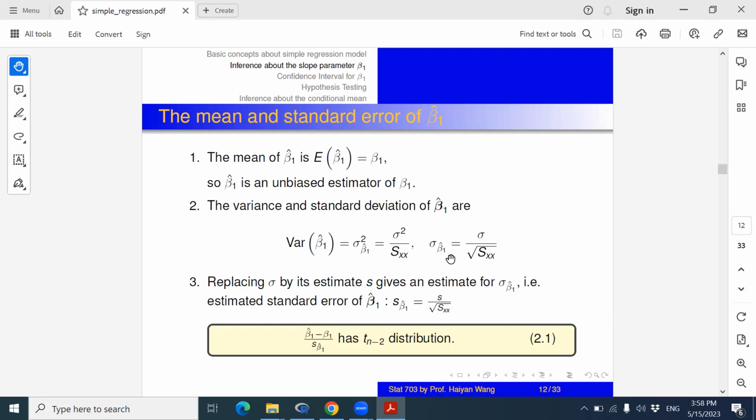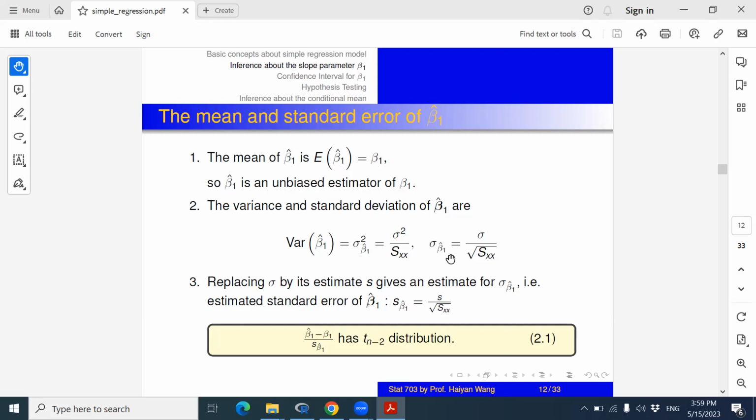When we put in the estimated version, just like how we did with the one-sample t-test or two-sample t-test, the statistic in the denominator, s squared, is the estimate of the variance. When you square it and then multiply by n minus 2, it gives the sum of squares of the error, and that sum of squared errors has a chi-square distribution.